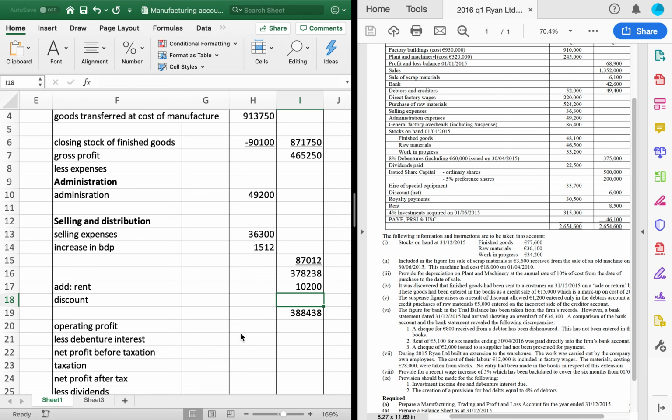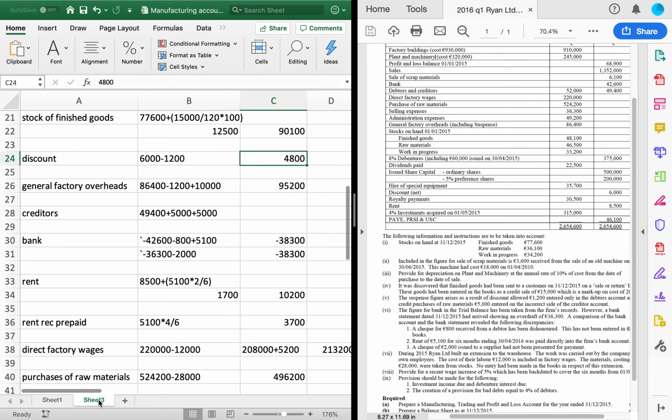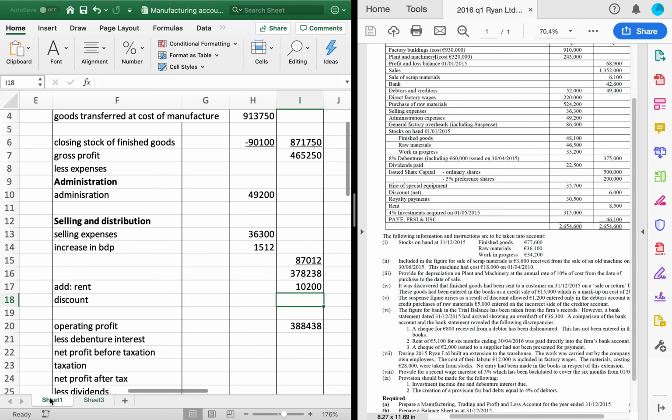So I've left out something there, discount. When I changed it was 4.8 and okay, so that's, I don't know what I'm after doing there.